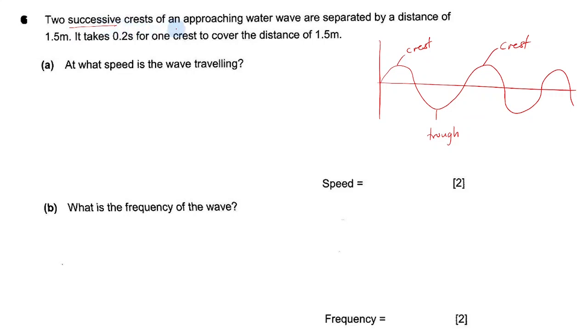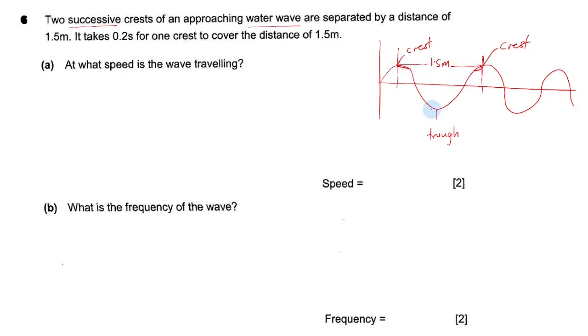So two successive crests of an approaching water wave are separated by a distance of 1.5 meters, meaning from here up to somewhere here, the distance is 1.5.